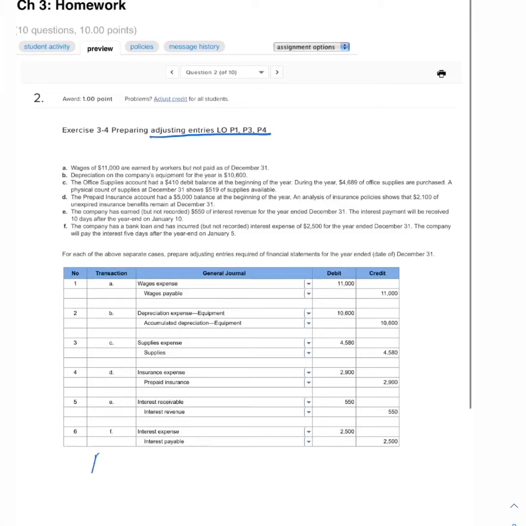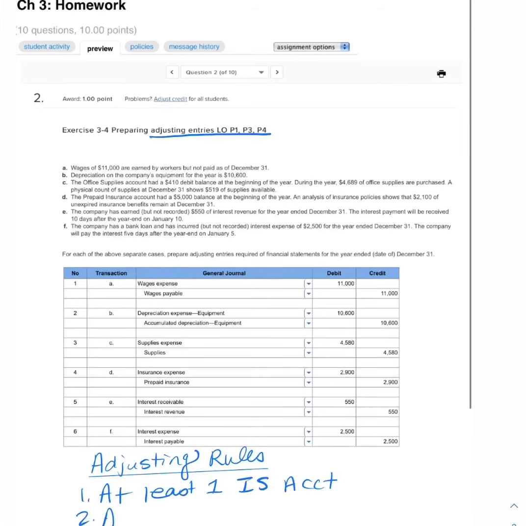So the adjusting rules, we've got a couple. So the very first rule I want to go over is you must have at least one income statement account. And the second rule is at least one balance sheet account.